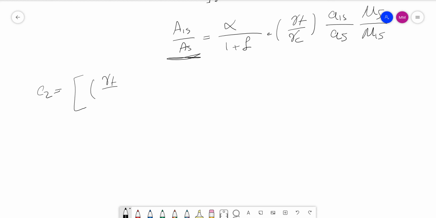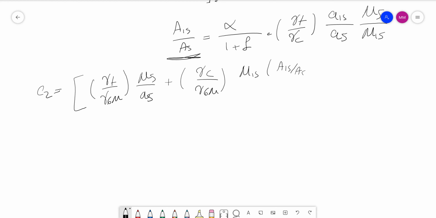Gamma t over gamma 6m multiplied by M5 divided by A5, plus gamma C over gamma 6M multiplied by M15 multiplied by A15 over A5, divided by A15.